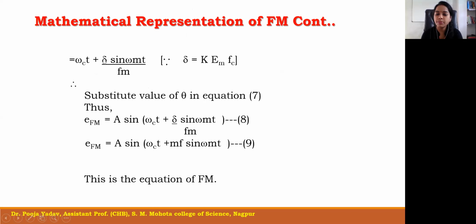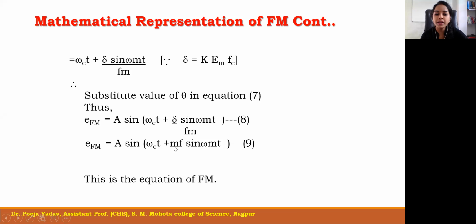उसकी value जब आपने put कर दी, so what we will get is omega ct plus delta sine of omega mt divided by fm. If we substitute this value in equation number 7, what do we get? The frequency modulated waveform equation: A sine of omega ct plus delta sine of omega mt divided by fm. तो इसकी जगह पे हमने क्या लिखा?